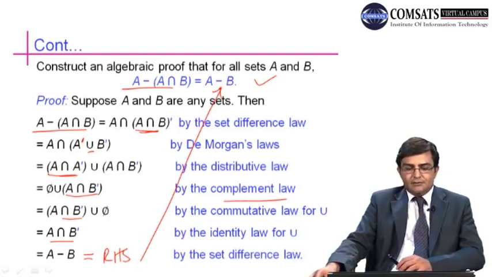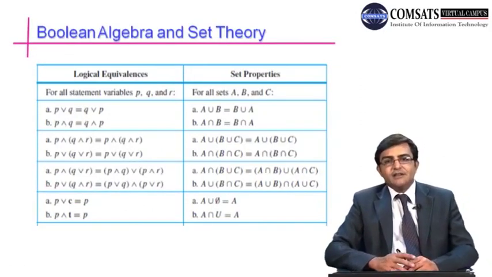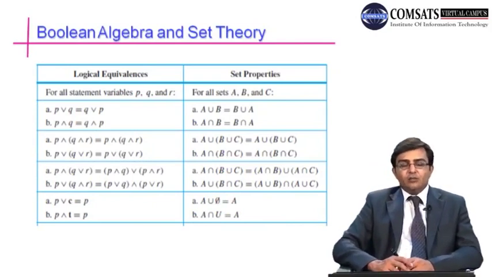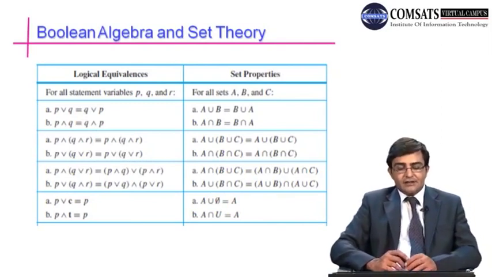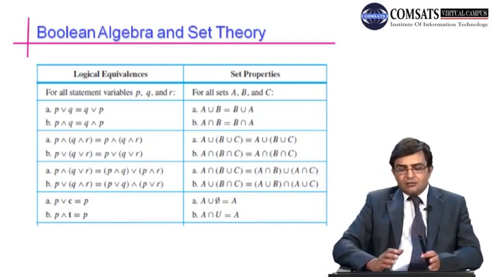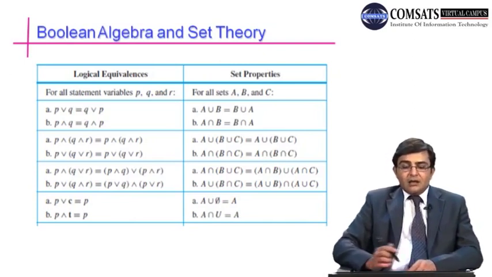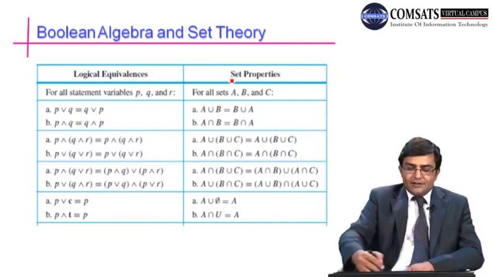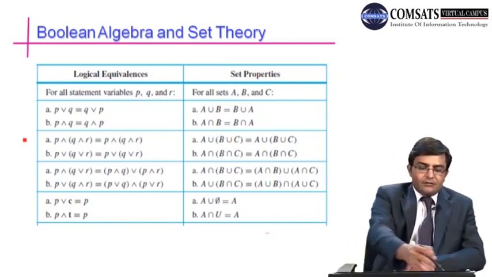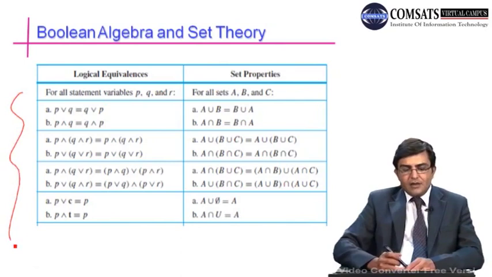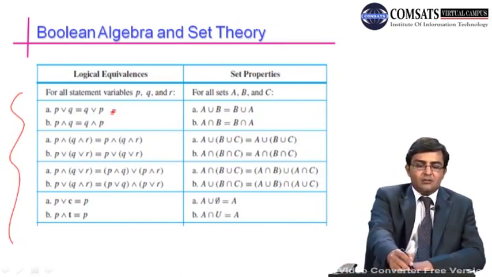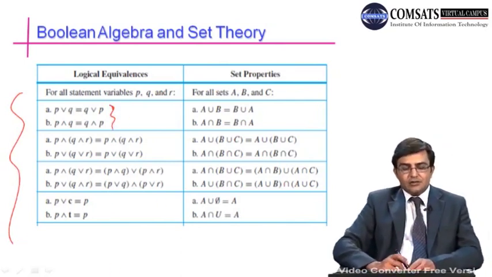Now we compare these identities with the identities of Boolean algebra or logical equivalence. We have studied some identities in logical equivalences, and they have a lot of resemblance. On the right hand side we have set properties, here we have properties of logical equivalences. Here we have the commutative law for disjunction and conjunction.